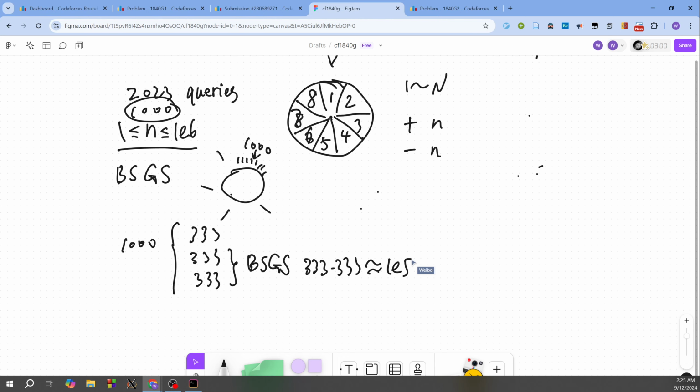Since we are only able to detect a length of such, we have to try to guess how many sectors at least we have in this wheel.